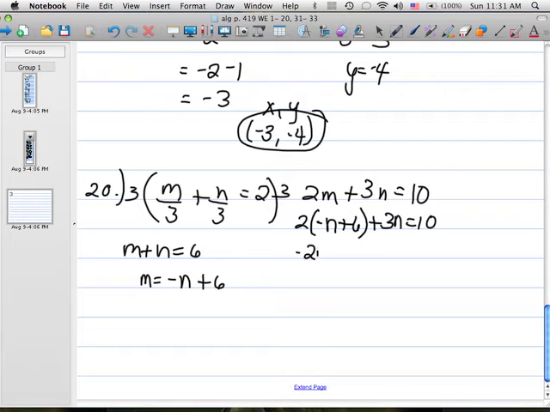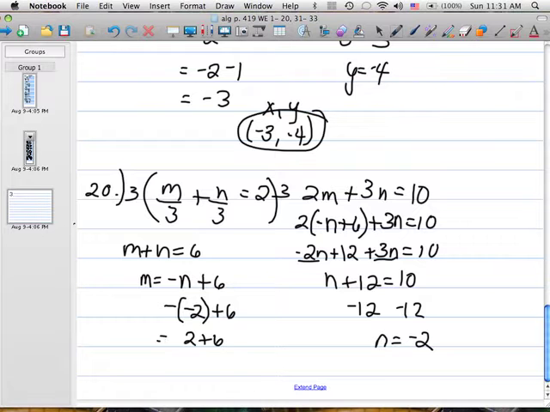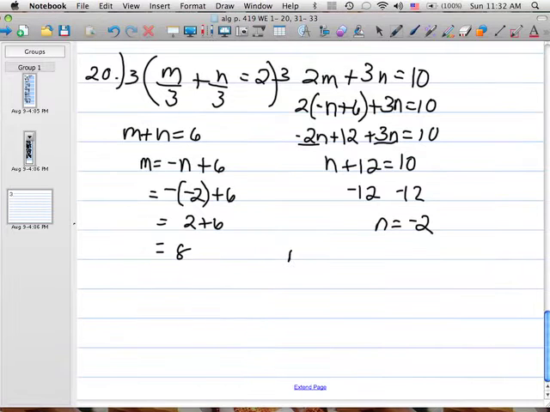Distributive property gives me -2n plus 12 plus 3n equals 10. Collecting like terms, I have n plus 12 equals 10. Subtract 12, and I have n equals -2. Substitute that back in here. The opposite of -2 is 2, and 2 plus 6 gives me 8. So my ordered pair is m, n, and m is 8, and n is -2.